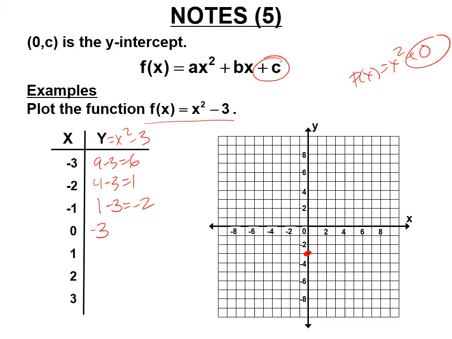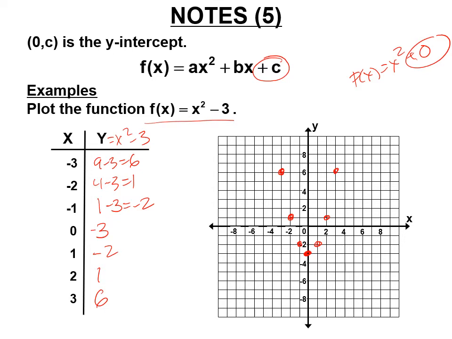And then we're going to have some symmetry again, just like we did last time. So -3, 6 is up there. -2, 1. -1, -2. And then we get these symmetrical points on the other side of the U.